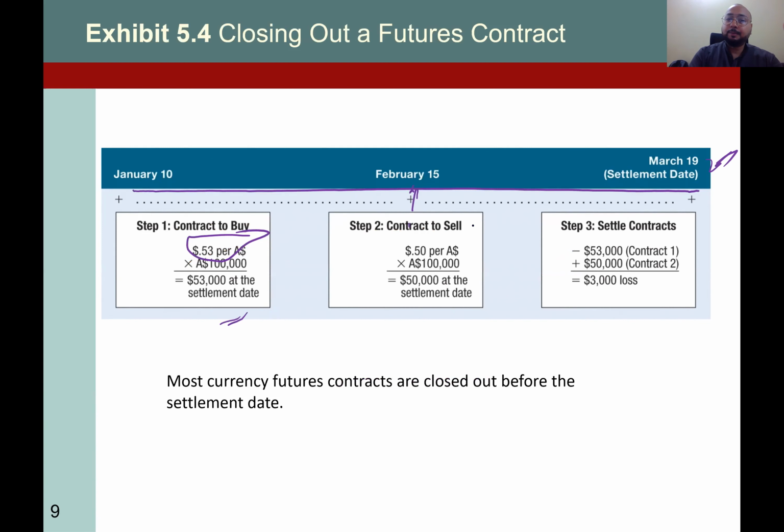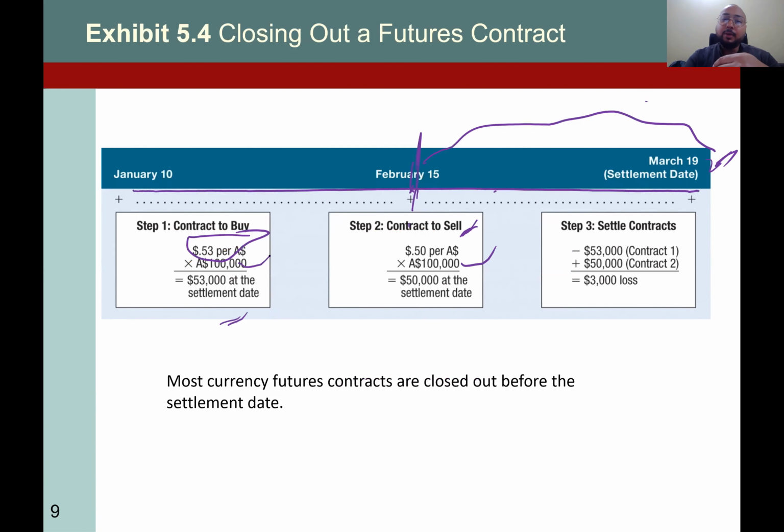And on February 15, they enter into an offsetting position, in which whatever the rate in the market, the rate was 0.50 for February 15 to March 19. So they entered into an offsetting position with the same amount, 100,000.